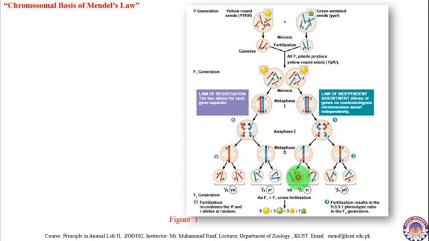If it was dependent assortment, then the dominant allele of one trait would always be along with the dominant allele of another trait. But in independent assortment, all kinds of allele combination is possible.